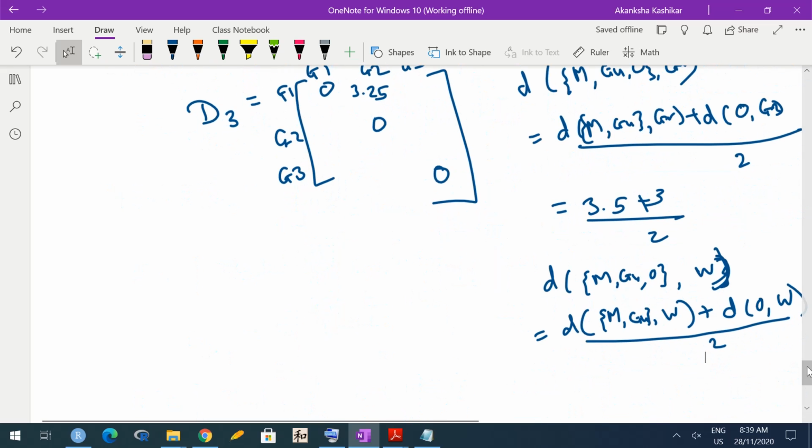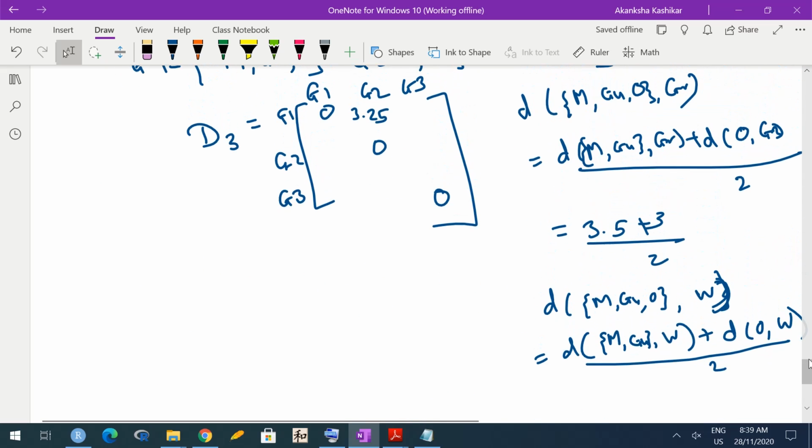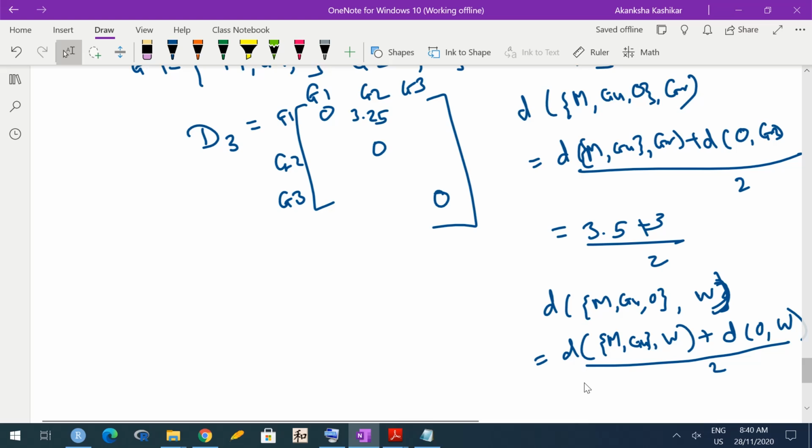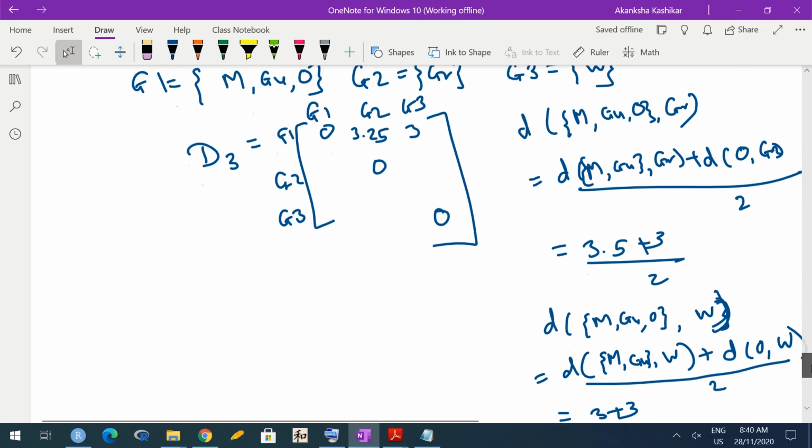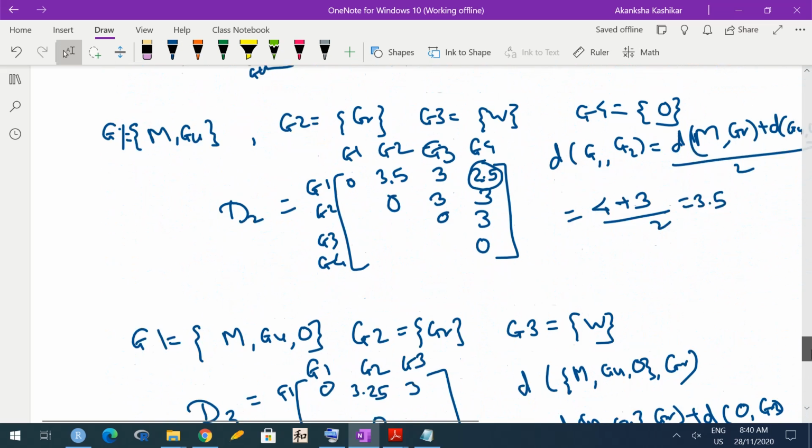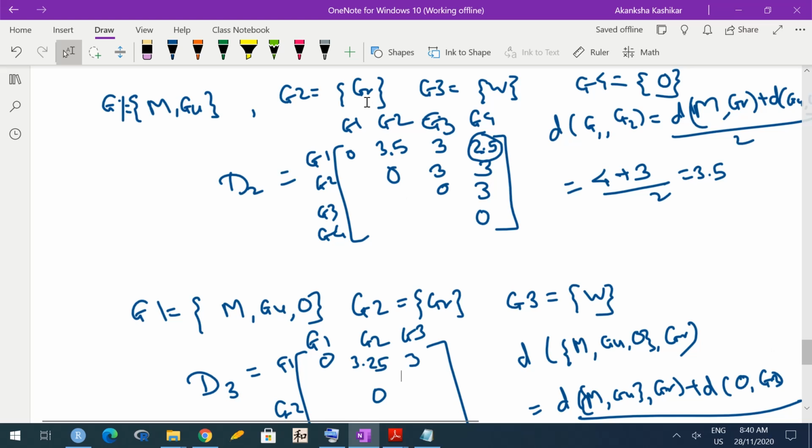So this would be 3 plus 3 by 2, so basically 3. And G2, G3 is the distance between grape and watermelon. So we have to copy it as it is. So it is 3.